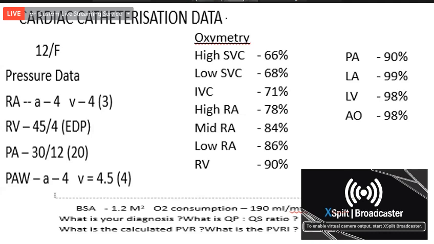QP by QS is 3. Is it 3? You tell me the formula. Aorta minus mixed venous divided by LA minus pulmonary artery. Okay, right. So mixed venous is 68, and aorta is 98.